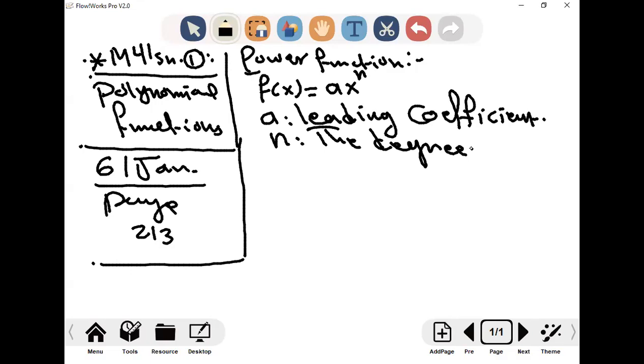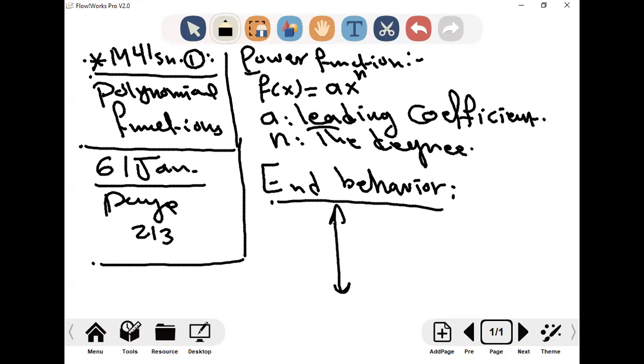Now we have something we call end behavior. The spelling is correct, right? Now, what's the end behavior? For example, if we have this function here, this curve, right?